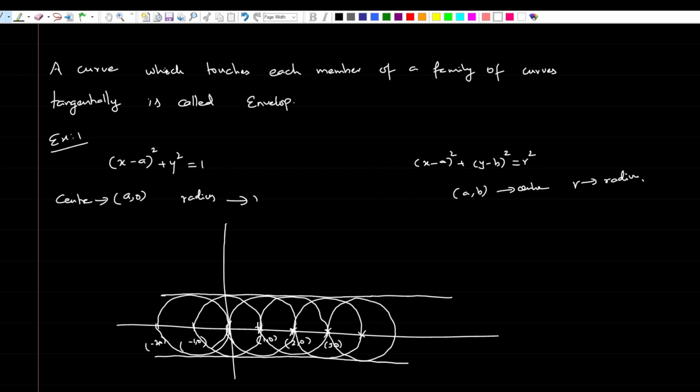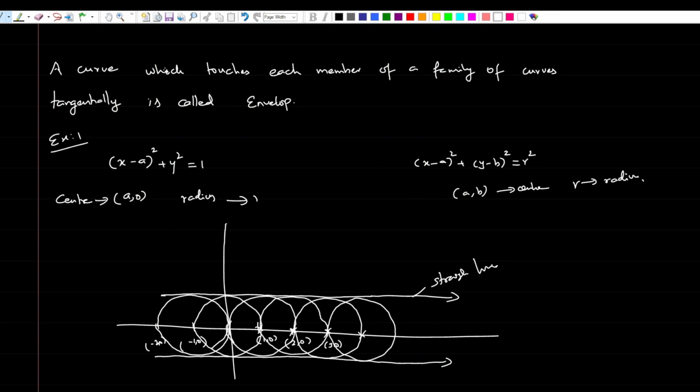It touches tangentially, and clearly these two are straight lines. So these two are the envelope of this family of circles. Therefore the envelope of the family of circles x minus a the whole square plus y square equal to 1 is the straight line.